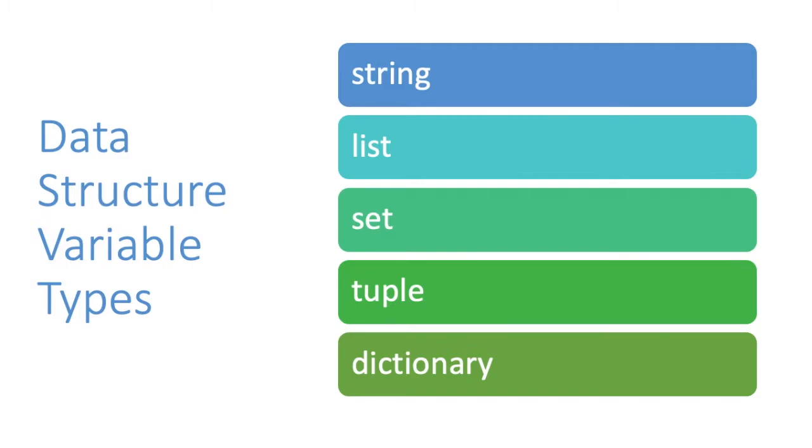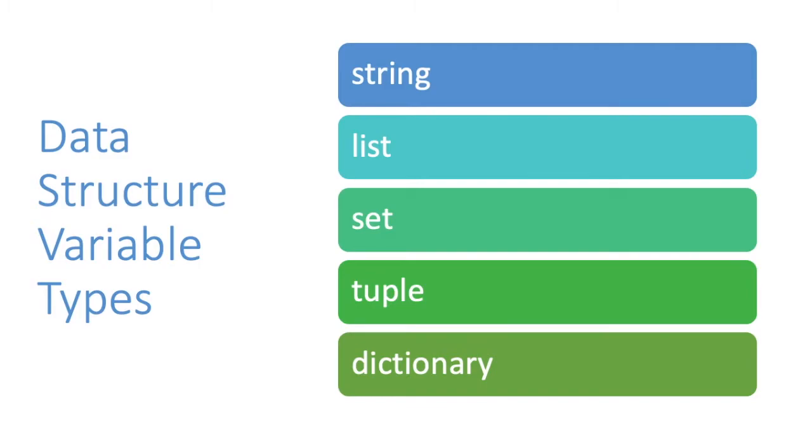And finally, the last data structure we'll talk about is a dictionary. Dictionaries are key-value pairs, which means you can use a key to find some other information that's associated with that key. If we go back to our food example, let's say we have our spices: salt, pepper, garlic powder, red chili powder, whatever other spices you may use.